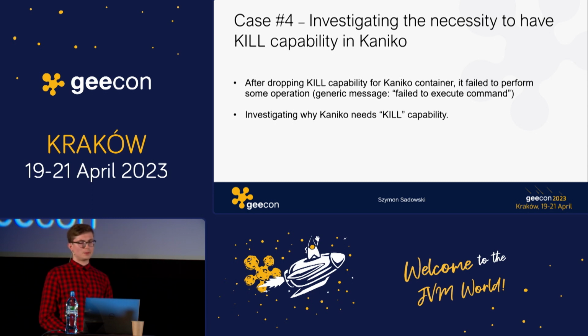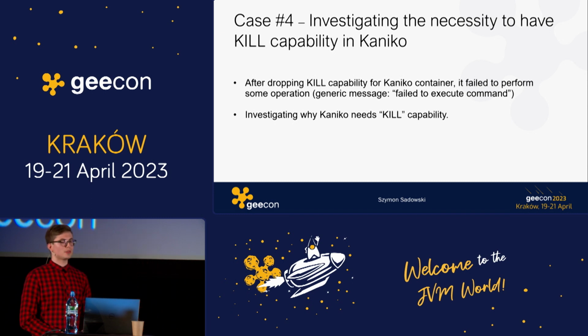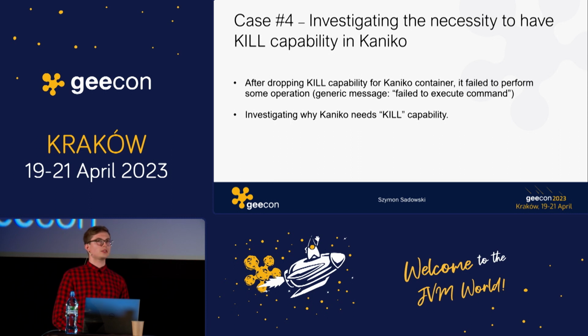And we wanted to drop the kill capability, which basically means that the real or effective user ID of a process sending the signal will have to match the real or effective user ID of the process receiving the signal. So in other words, in this container, we won't be able to kill processes that are not our own.